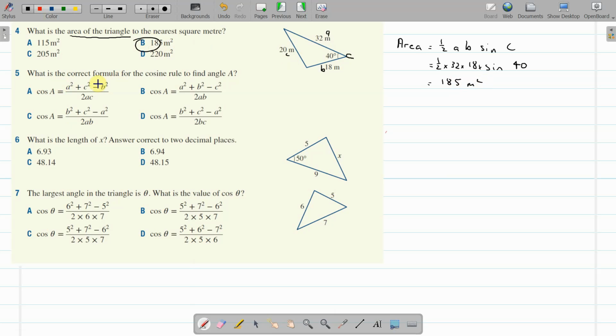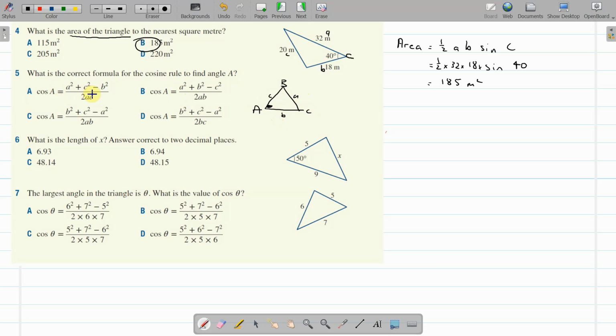The correct formula for the cosine rule. Well, we're finding an angle, so angle A, angle B, angle C, side A, side B, side C. So if we're finding the cos of A, we need to feature side C and B. There is side A in there a bit, but the featured ones are C and B, the sides that form an angle.